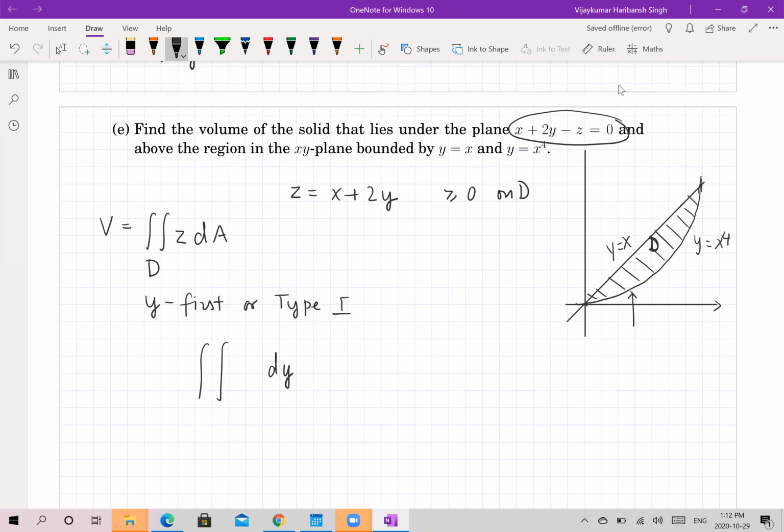So y is changing from x to x to the 4. Now we want to see where x is changing from. So for that, to find the limits of x, compute the intersection.